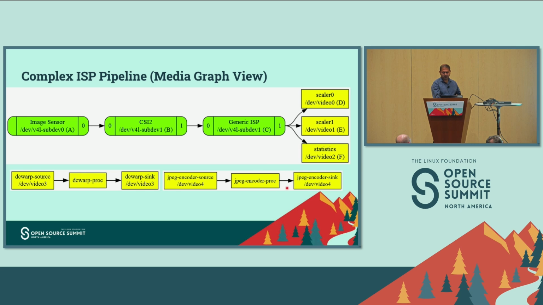The two mem-to-mem pipelines are separate, shown here. To build software for such a system, you would do the inline processing first, and then based on the use case, pass it through either DWARP or JPEG. My colleague and I have a talk about this tomorrow with more details on this aspect. Feel free to visit that if you're interested.